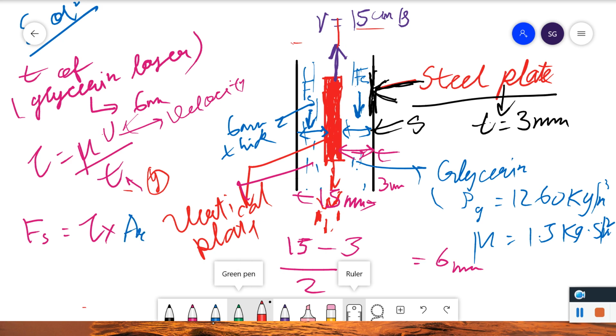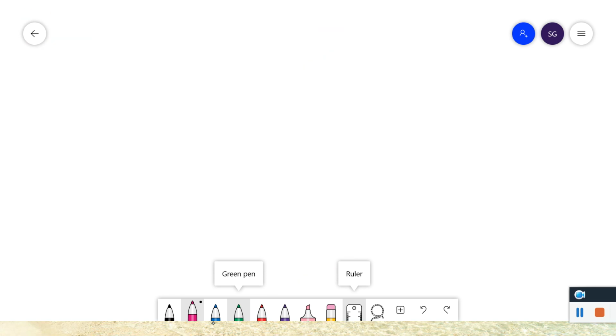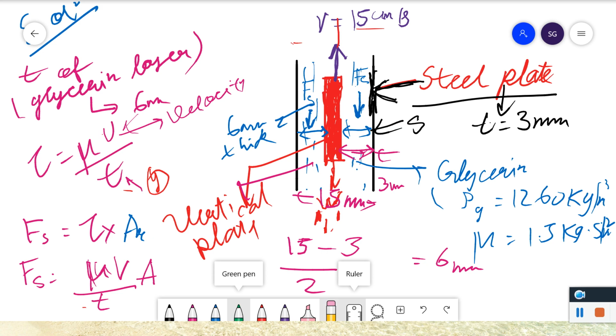So tau is mu into v, this velocity, so we can write Fs as mu v into A upon t. We have just put these terms in.